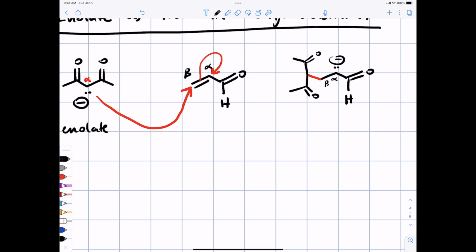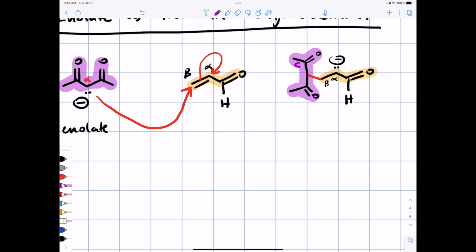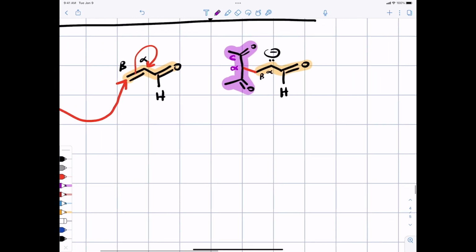So here was my nucleophile. Here was my electrophile. And here's the carbonyl carbon of my electrophile. Or sorry, my nucleophile. Here's the alpha carbon of my nucleophile.